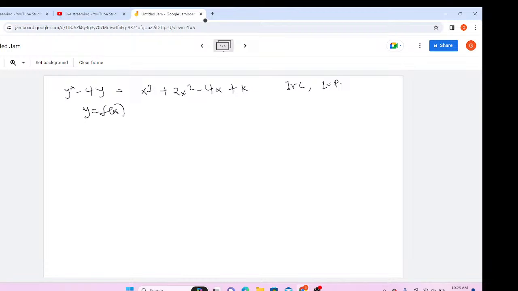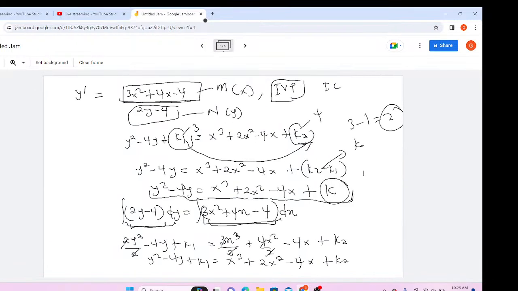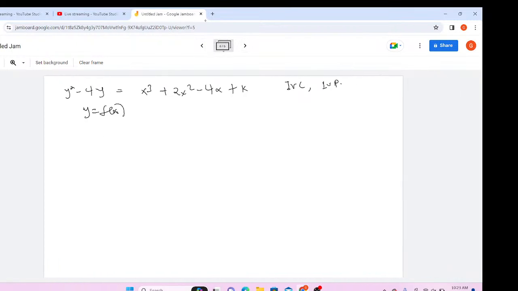The IVP will help us determine what k actually is, so we can get our solution to the differential equation. When I provide this as the solution for this question, someone might ask, what is the value of k here? We don't know. When k is 2, we get a different value.